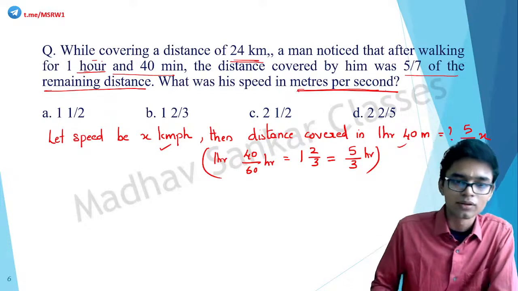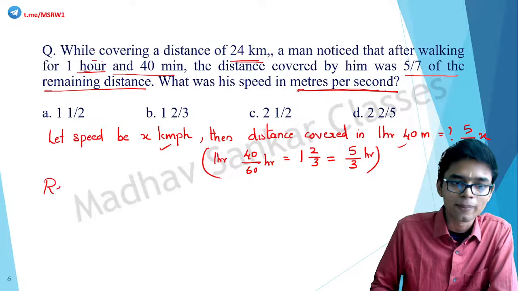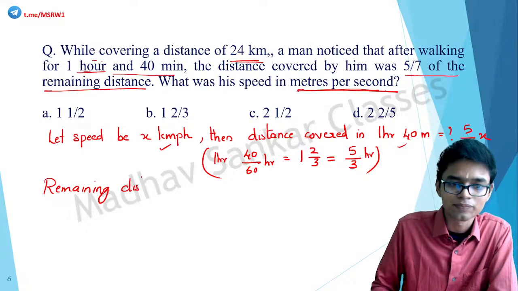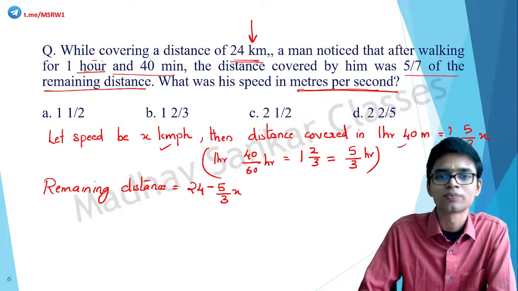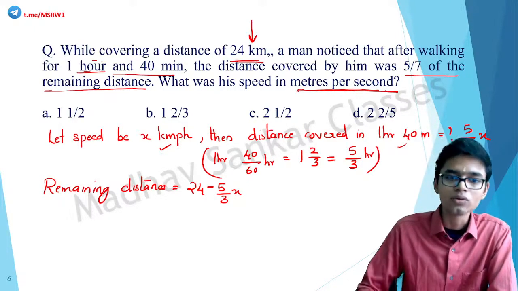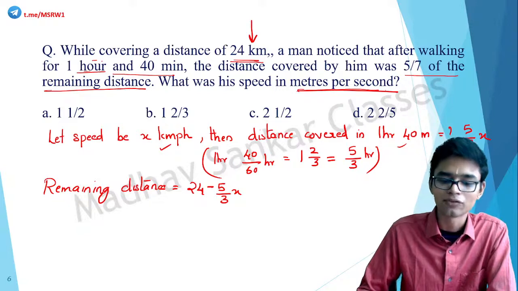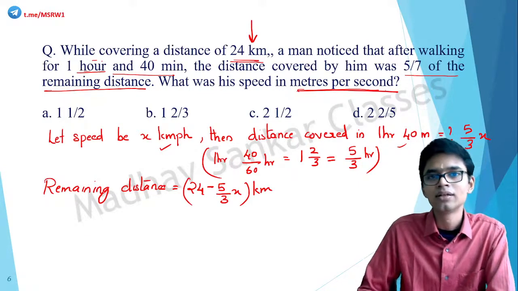Now, what is the remaining distance? The remaining distance is equal to 24 minus 5 by 3 x, correct? Total distance is 24, so the remaining distance is 24 minus 5 by 3 x kilometers.